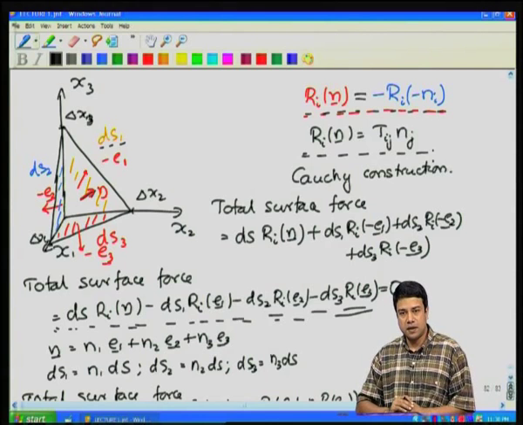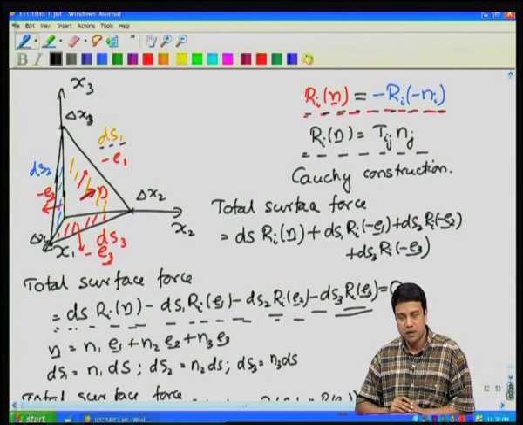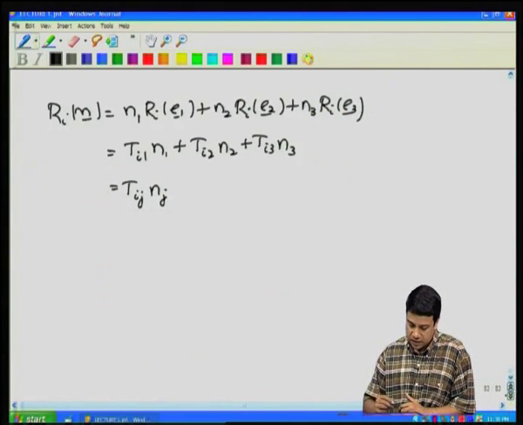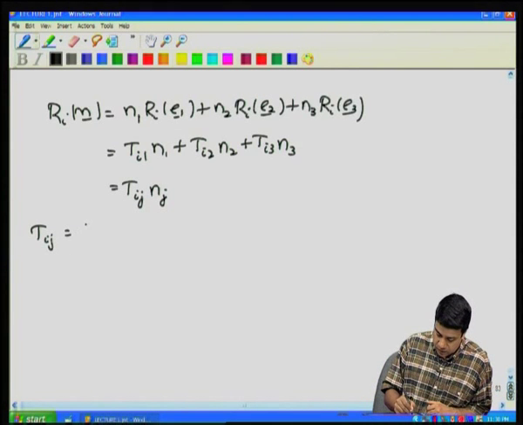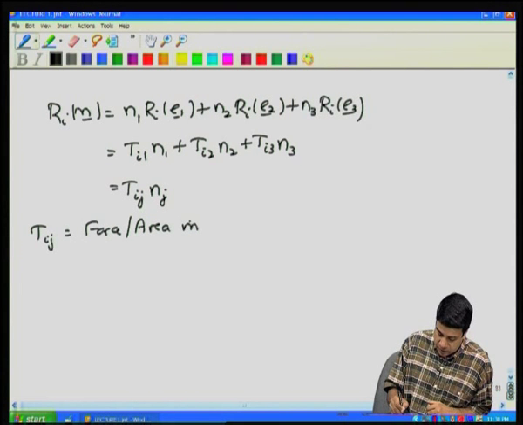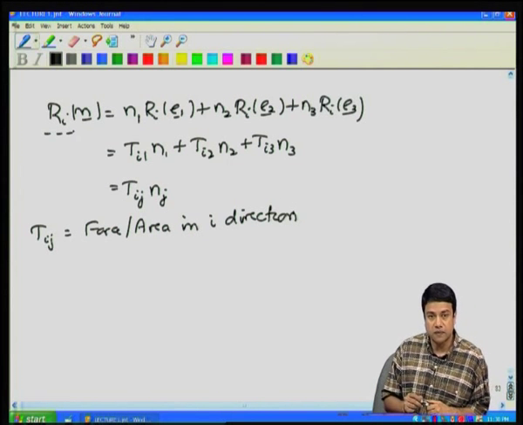Okay. Tij is the stress tensor. As I have defined it over here, Tij is the stress tensor. Tij is equal to force per area in the i direction. After all, i was the direction of the force there. Okay.